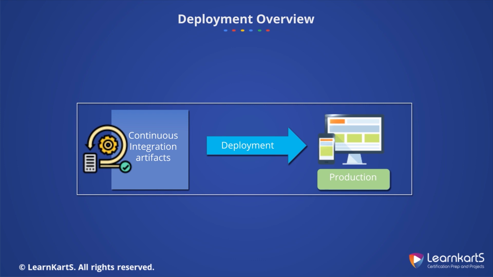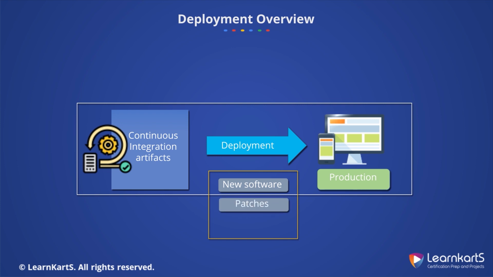Deployment doesn't mean it is only for new software. A lot of times we have to apply patches to existing software too. If we want to deploy, we can get it deployed. It depends on the requirement.